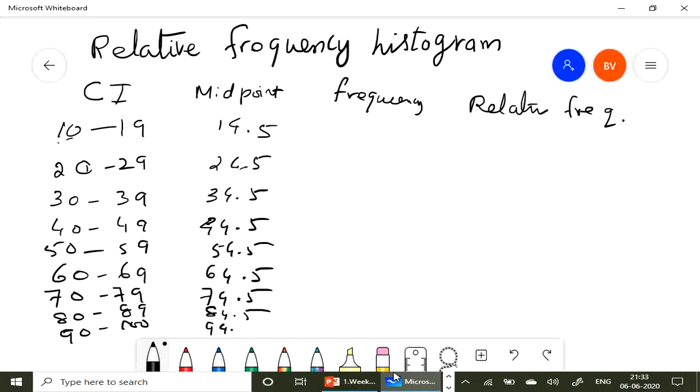Actually, it should have been 99. We have only double digit data. There's no 100. So 94.5. Now frequency. How many elements are in the data between 10 and 19?